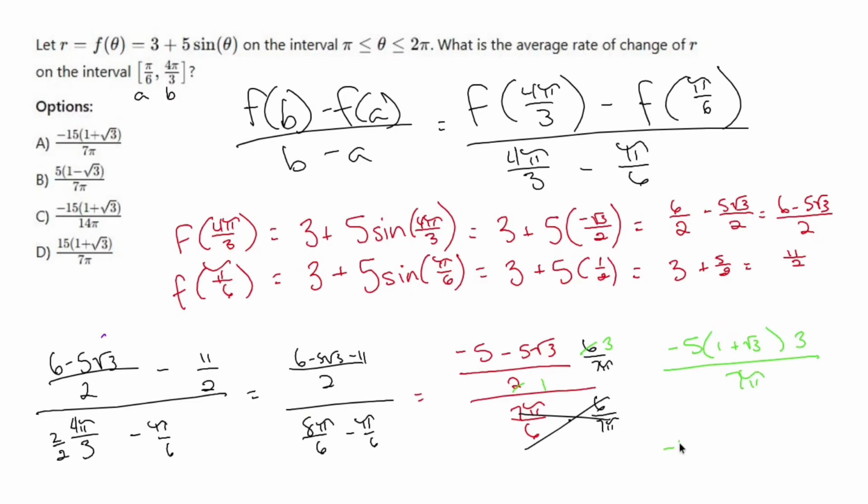So this becomes -15 times 1 plus root 3 all over 7 pi. Which, although my eyes are bad, I can see is A. Gross!